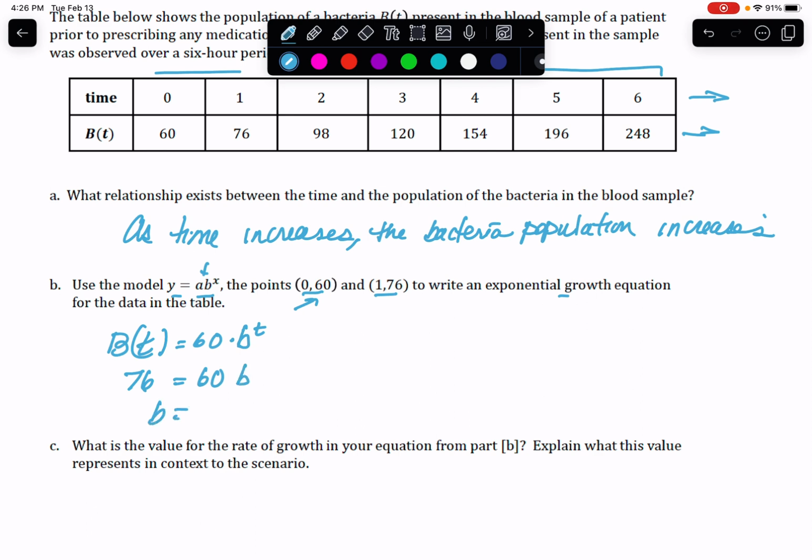So b is 76 over 60, which is 19 over 15. So writing the function B of t, you would get 60 times 19 over 15 to the t.